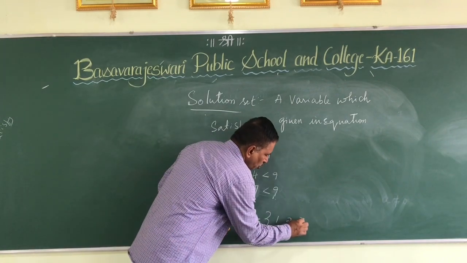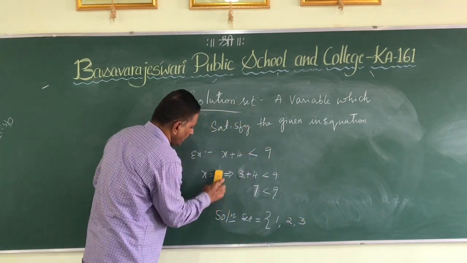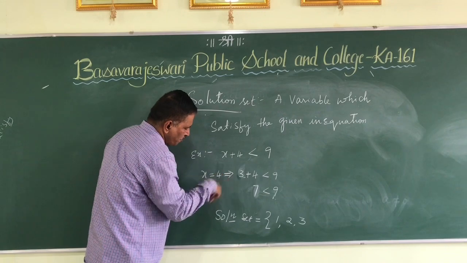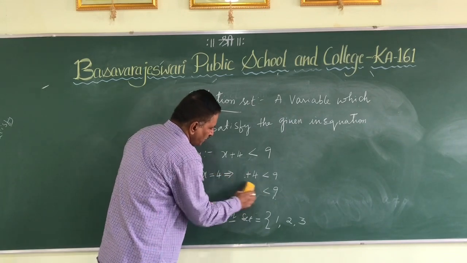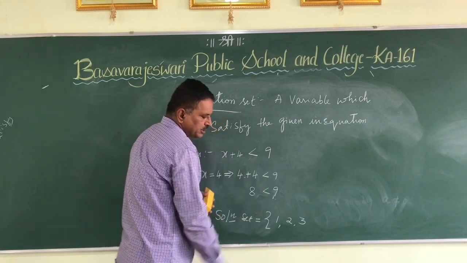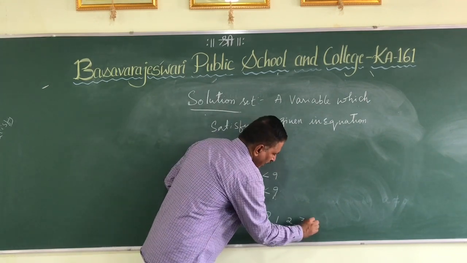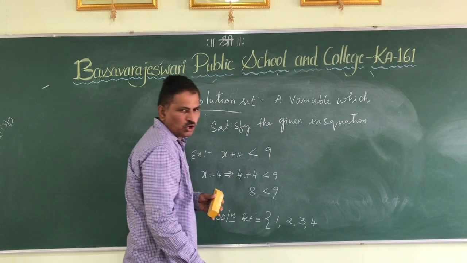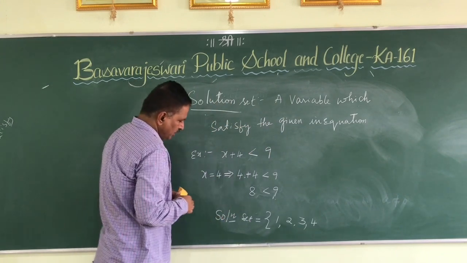So 3 is also a solution. Suppose I take x equal to 4. Then 4 plus 4 is 8. 8 is definitely less than 9. So 4 is also a solution.